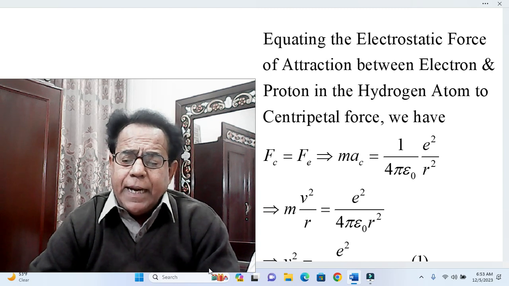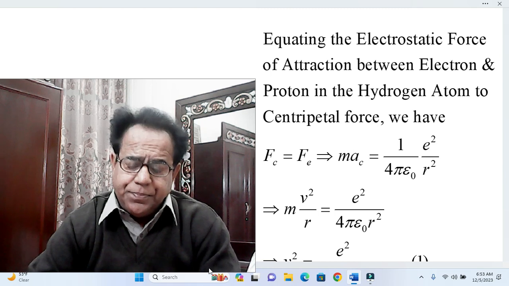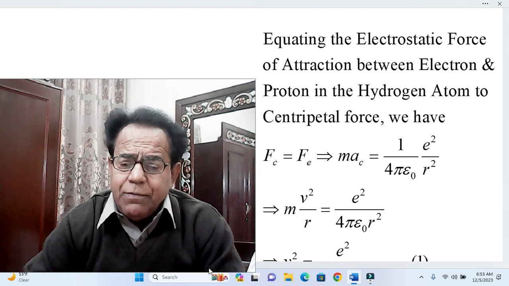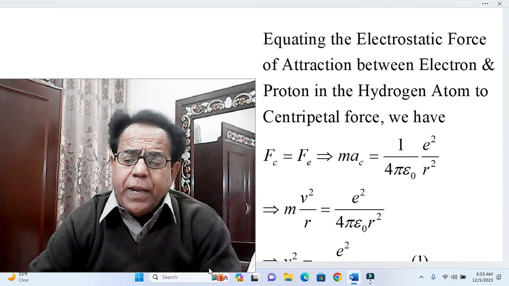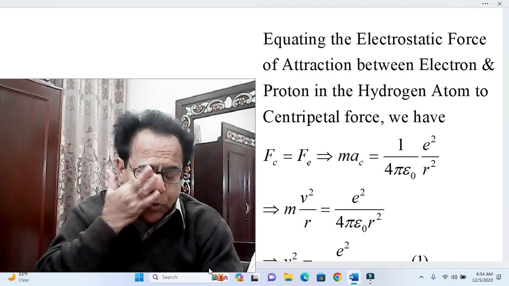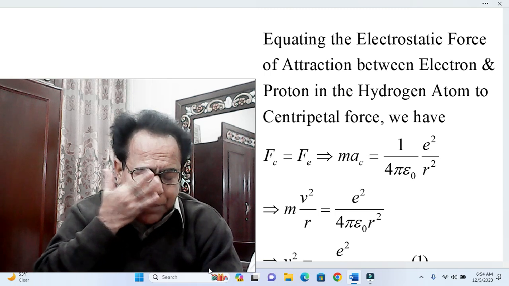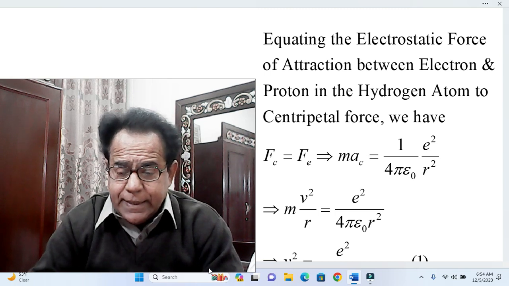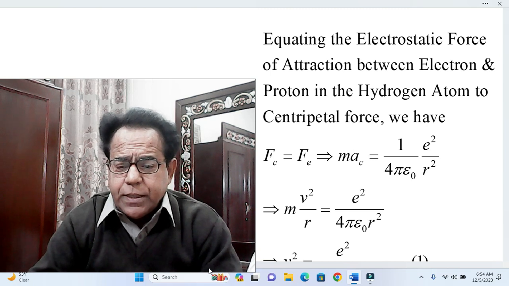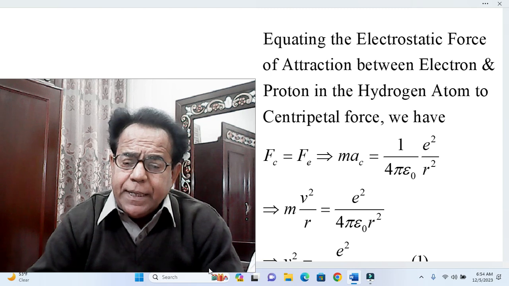This implies that we have rearranged and used the value of centripetal acceleration. Dear students, we know from our lower class general physics books that centripetal acceleration is equal to v squared over r.